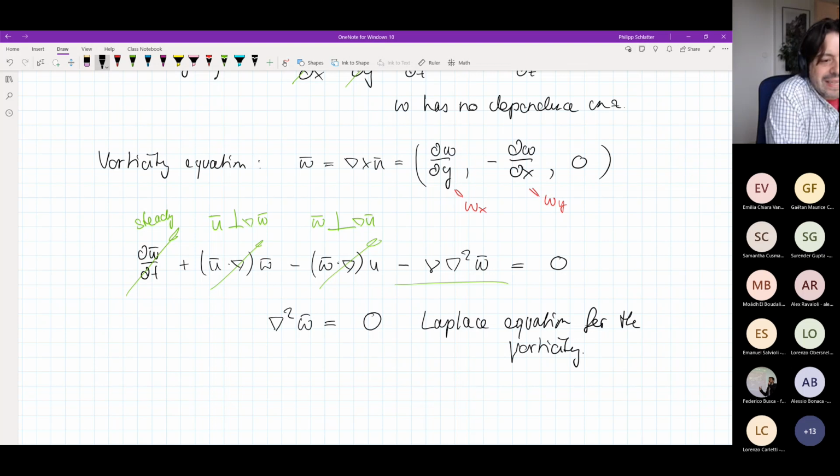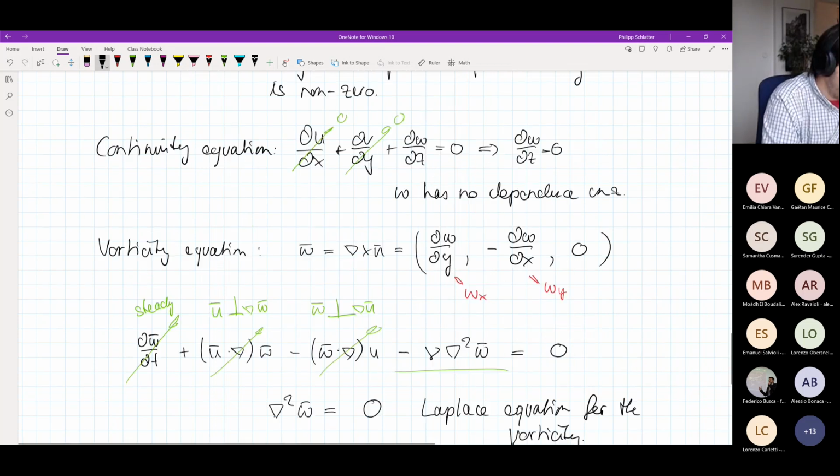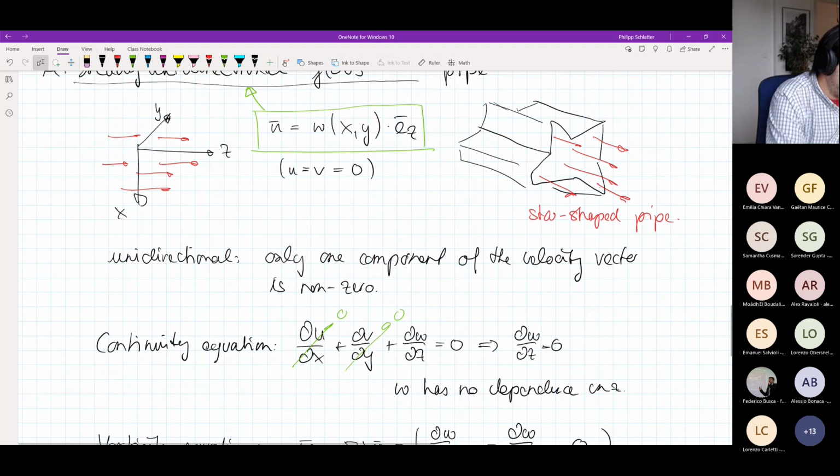Of course, that doesn't help so much for us now when our question is to calculate this w, because in the end we're not so interested in the vorticity. We would actually much more like to calculate w, the velocity in the streamwise or axial direction.